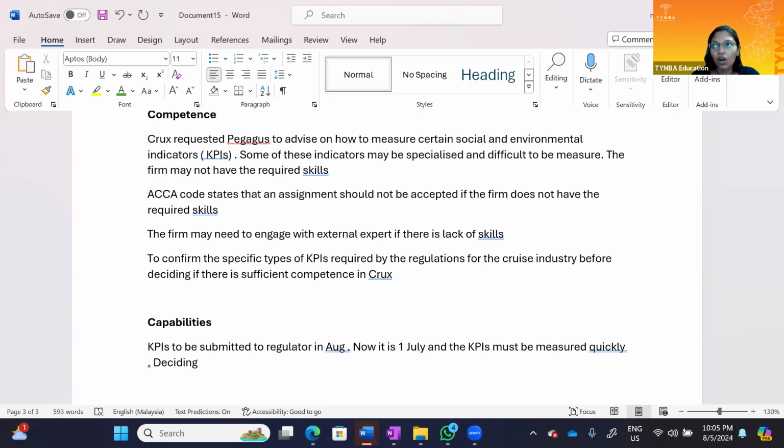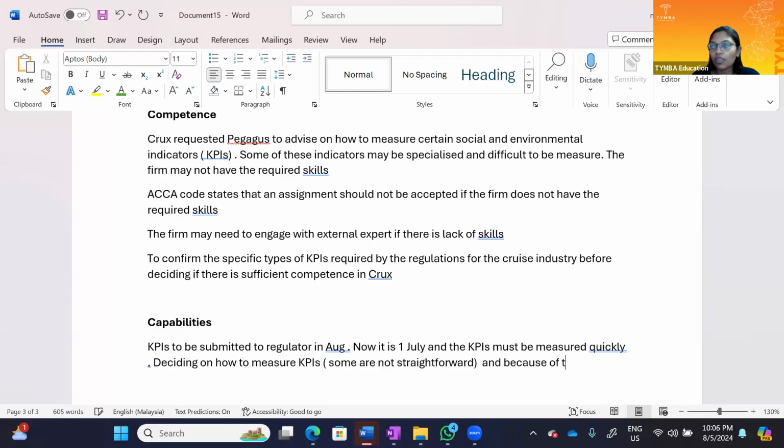Deciding on how to measure the KPI, maybe some are not straightforward. We are not sure.